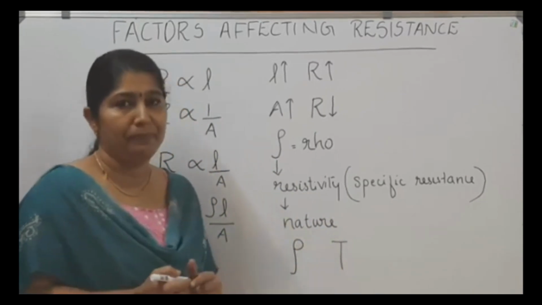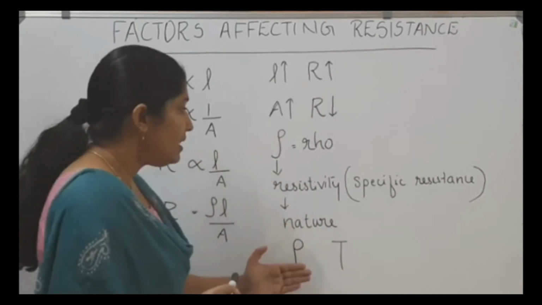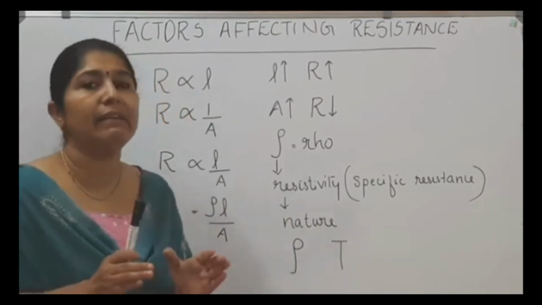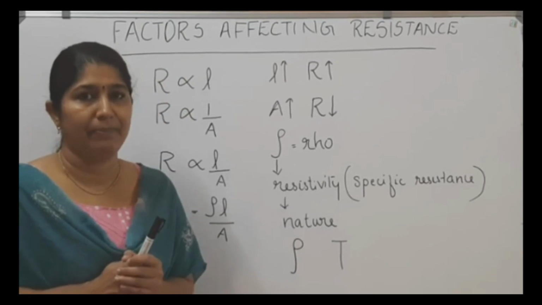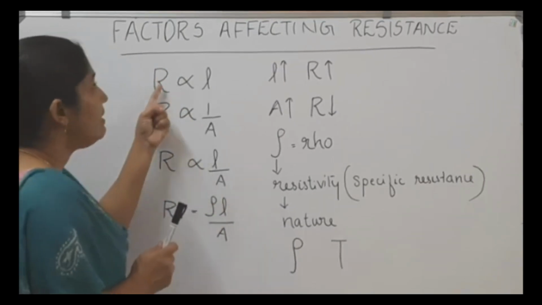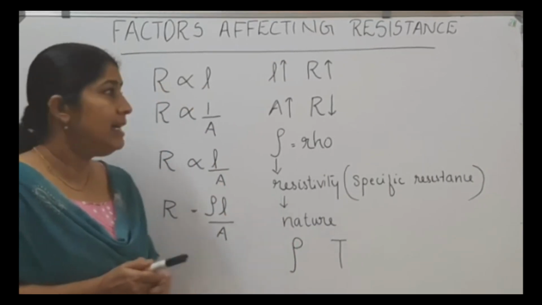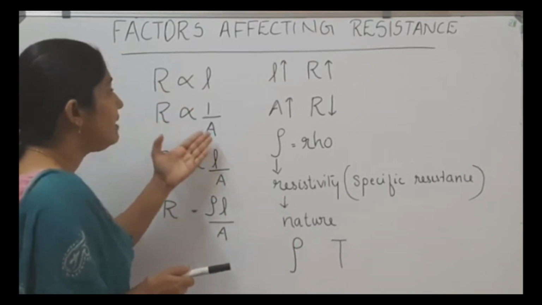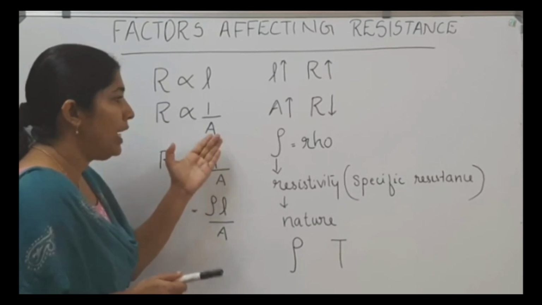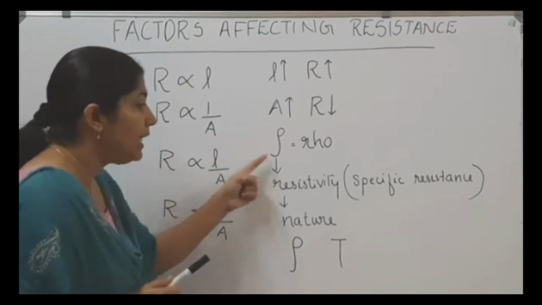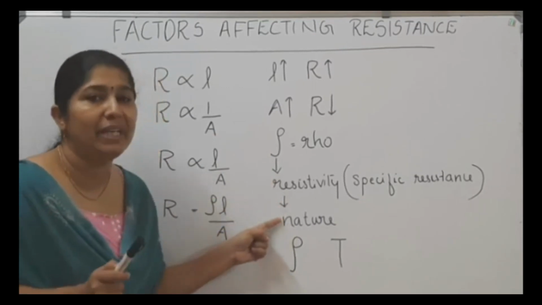From this, we can say what the factors affecting the resistance of a conductor are. First one, resistance is directly proportional to length. Second one, resistance is inversely proportional to area. Third one, it depends upon the nature of the material.